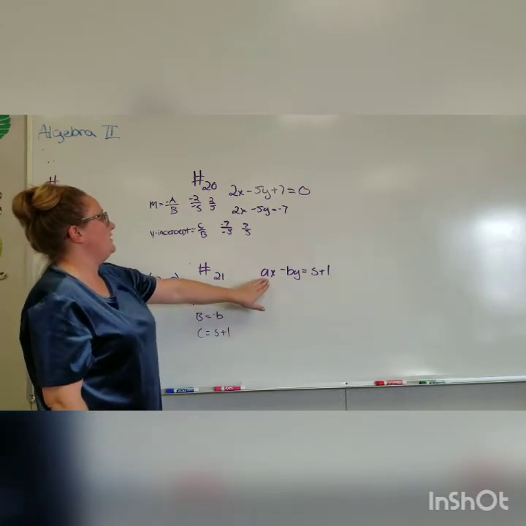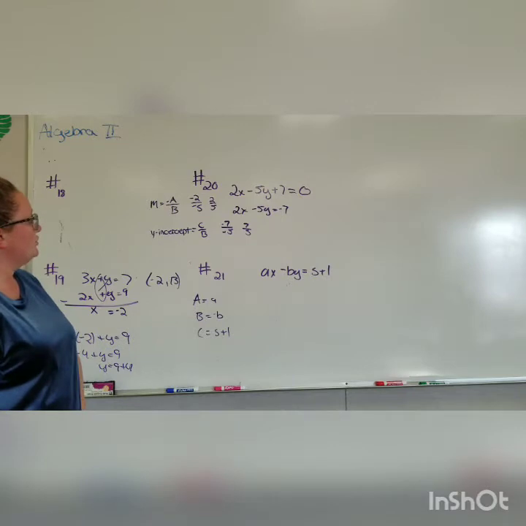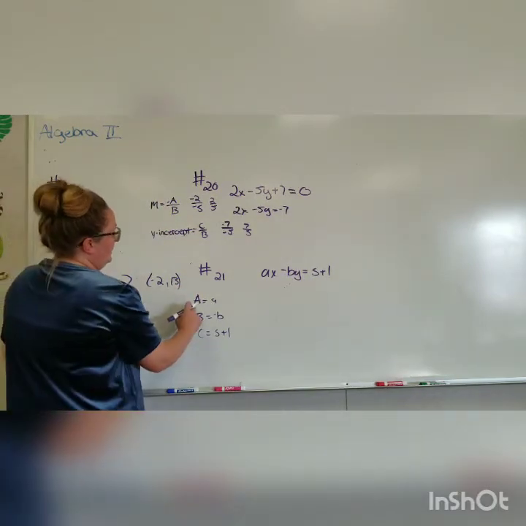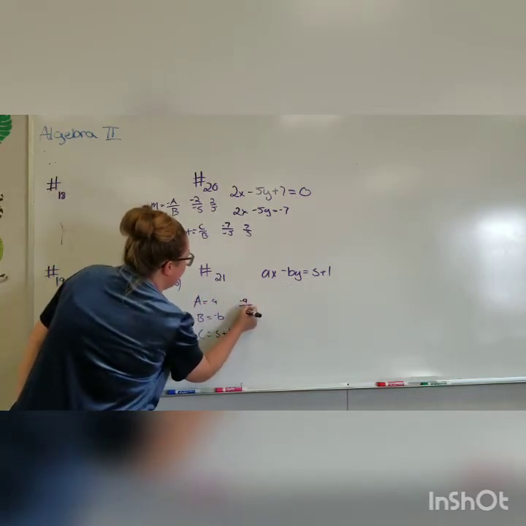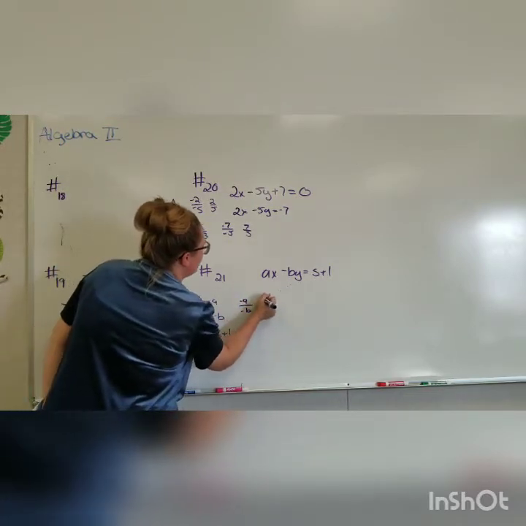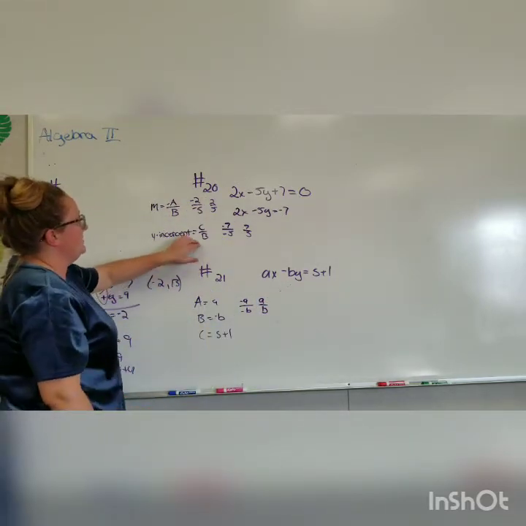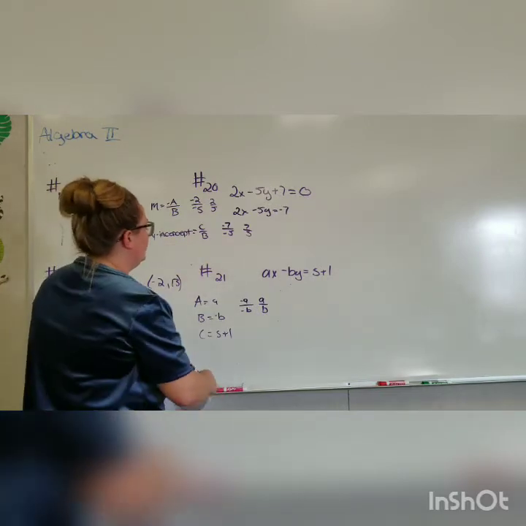It's the same thing, except it's another letter rather than being a number. All right, so your slope is equal to negative a over b. So negative a over negative b, two negatives make positive, a over b. Your y-intercept is equal to c over b. C in this equation is s plus 1.